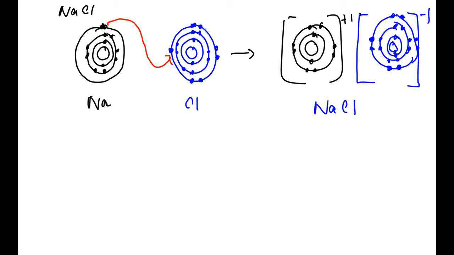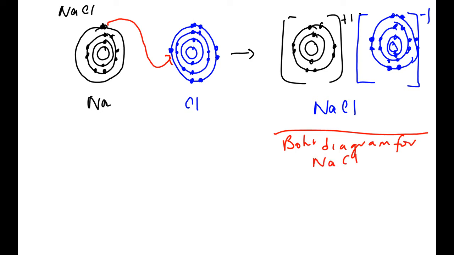If I just draw this, I am drawing the Bohr diagram for sodium chloride. So the whole line is for the formation, and just the product is the Bohr diagram for the compound. With 1 dot.